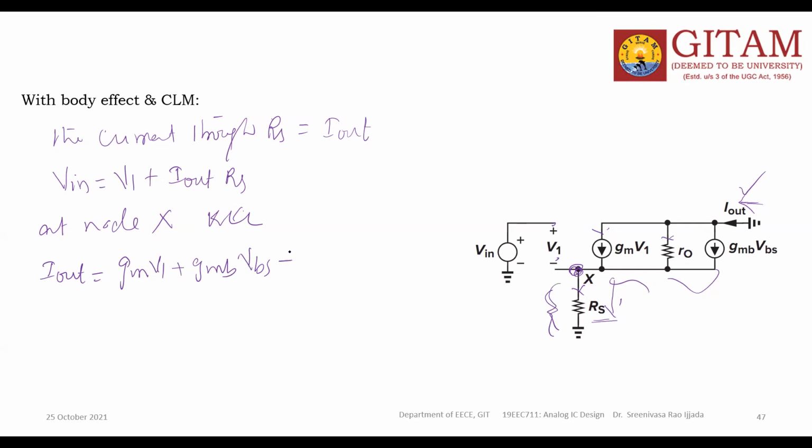So minus the drop across this is Iout into RS by R0, the voltage divided by the R0 value.